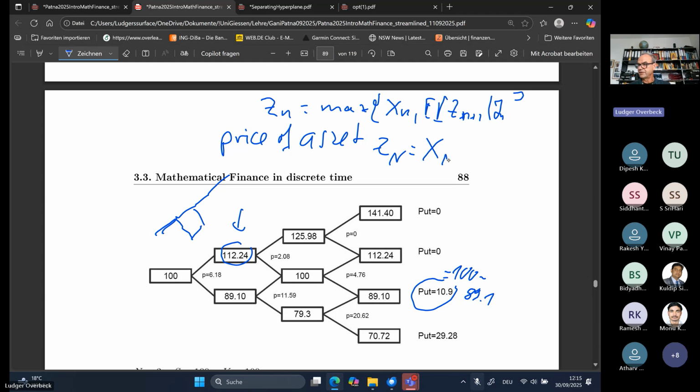So this means if you execute, our Xn in our case is always the maximum of K minus Sn, the asset, and 0. If you say at time n, I want to execute my option, you get this amount of money. This means Zn equals Xn, here you have capital N.